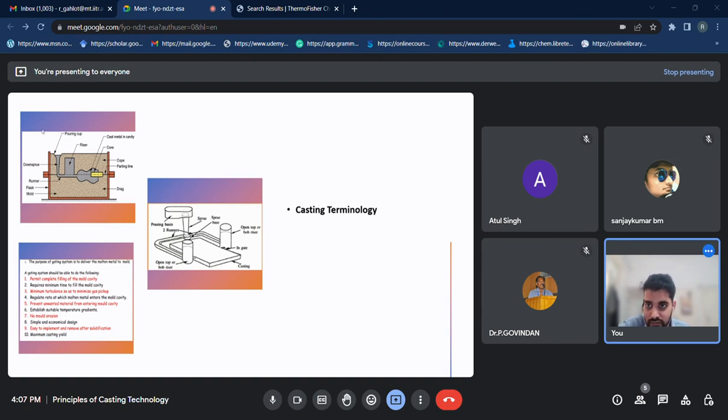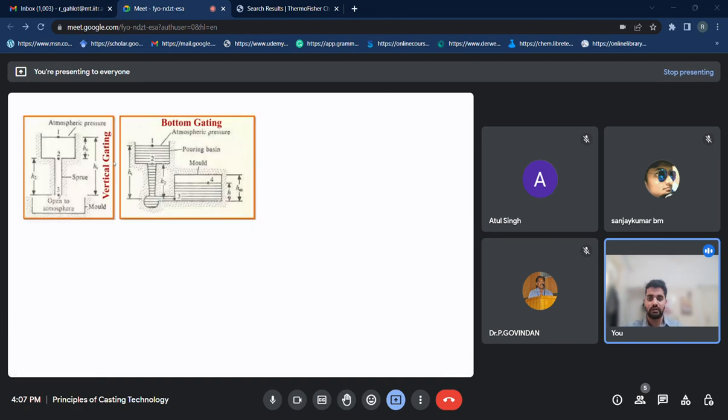Then there is a provision of the riser, which is generally a hole cut in the cope to allow the molten metal to rise above the highest point in the casting. These have already been covered, so I'm not focusing on these.